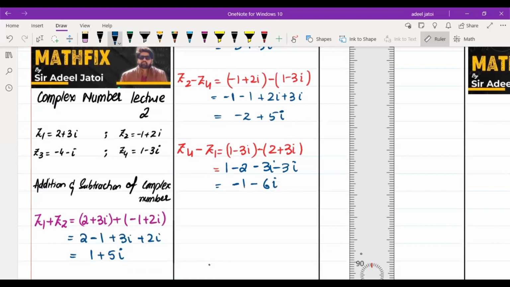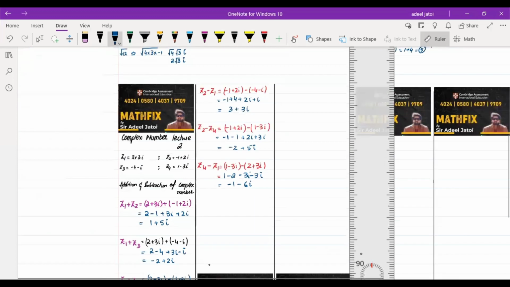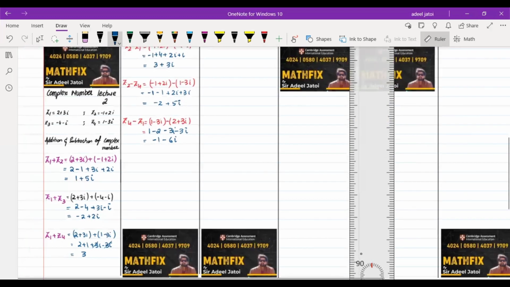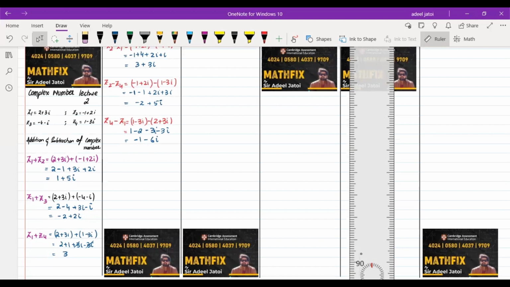So that means Z4 minus Z1 will be minus 1 minus 6 iota. Now these examples are from the addition and subtraction of the complex numbers. When two roots are given, you will be asked to add or subtract the values of Z.